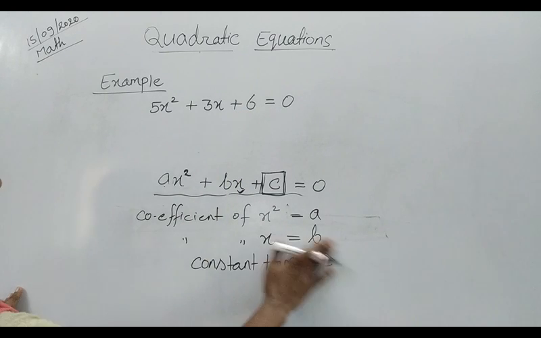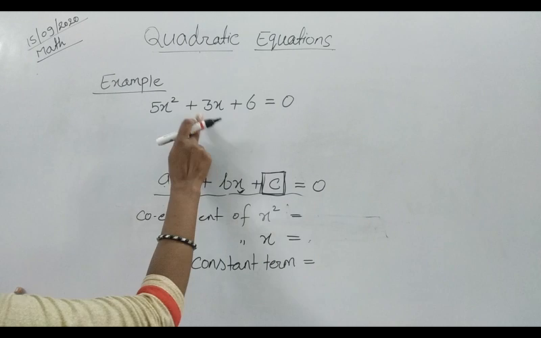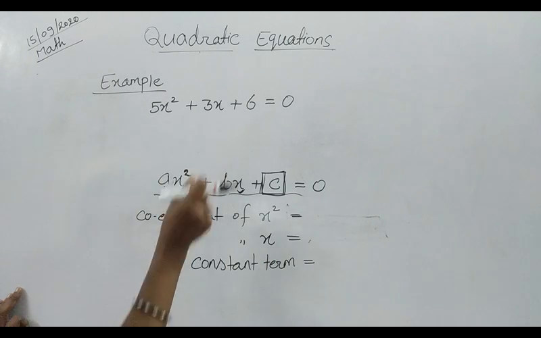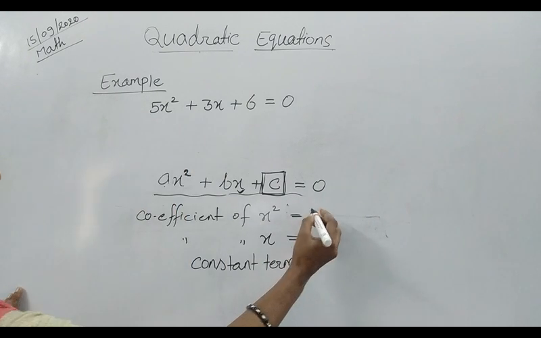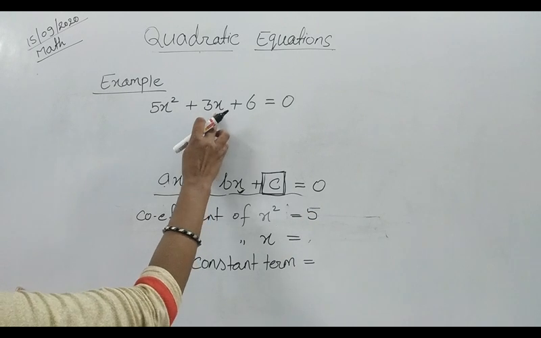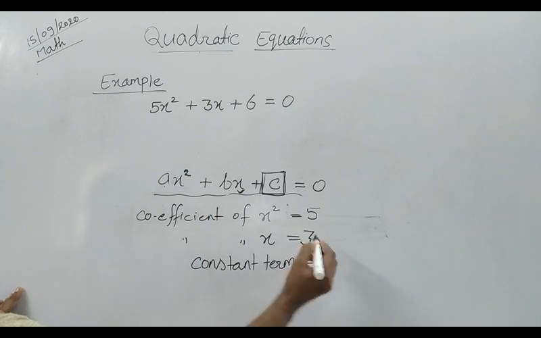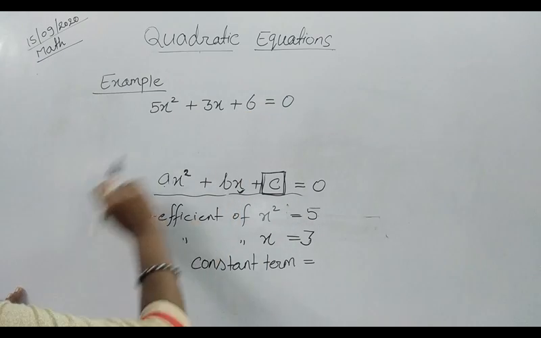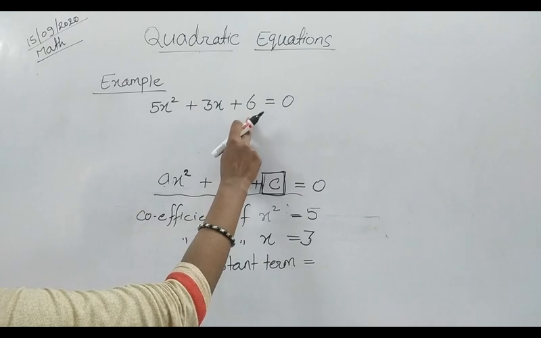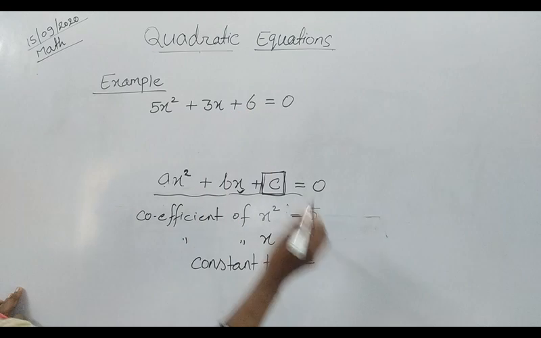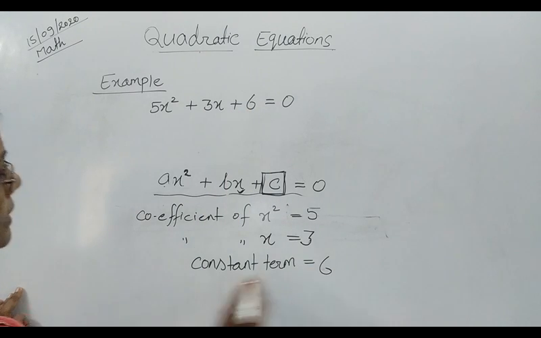So for this quadratic equation, the coefficient of x square is 5, the coefficient of x is 3, and the constant term is 6.